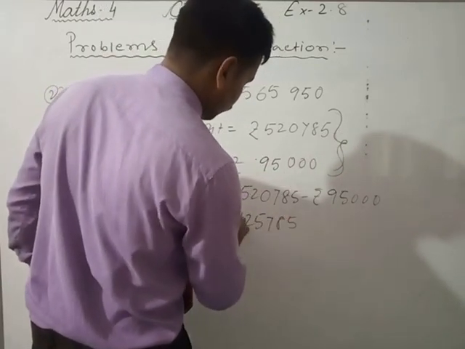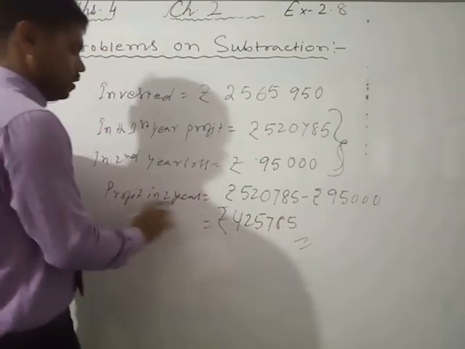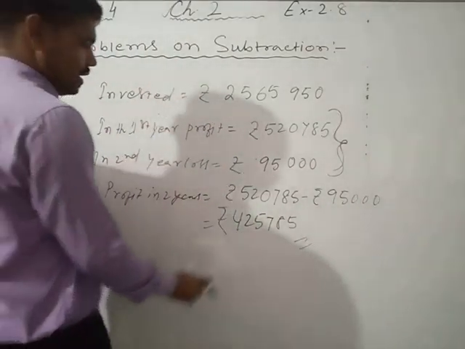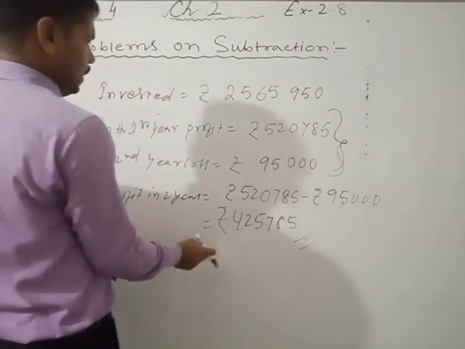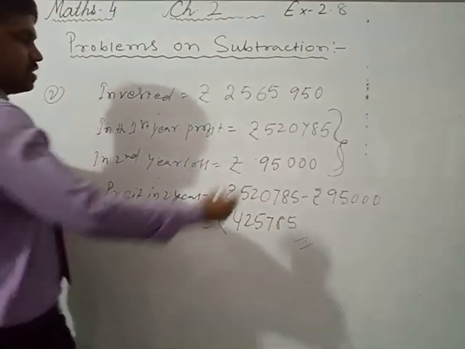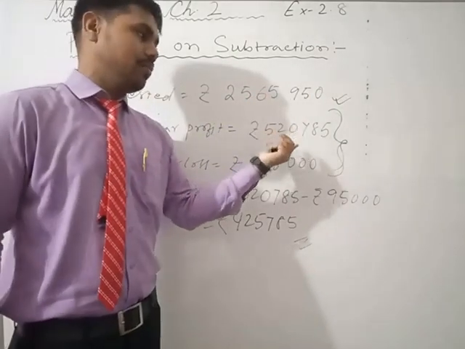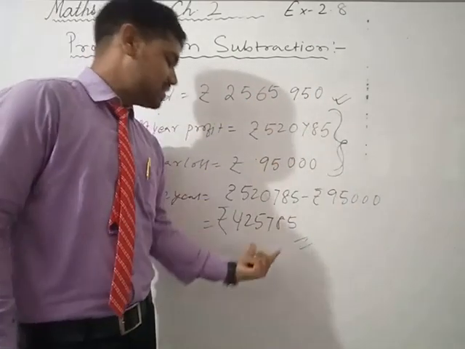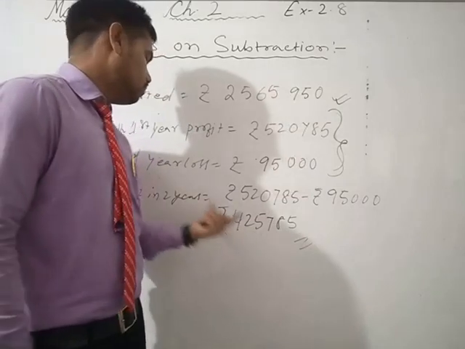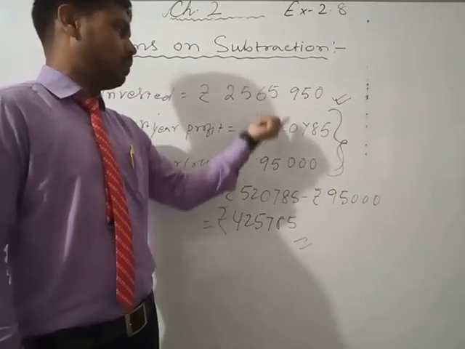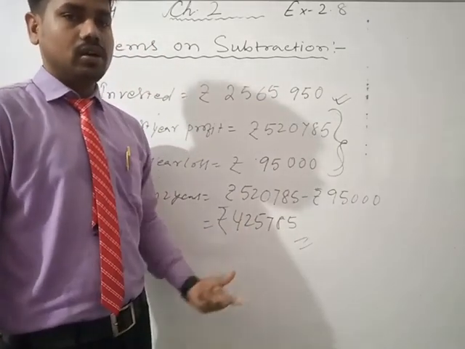This much of rupees is the profit in both the 2 years, and after that you have to add it to the investment, because the extra amount after the investment is the profit. Okay, so this is the earning, this is the profit he got. So profit plus the investment will be the total final amount.